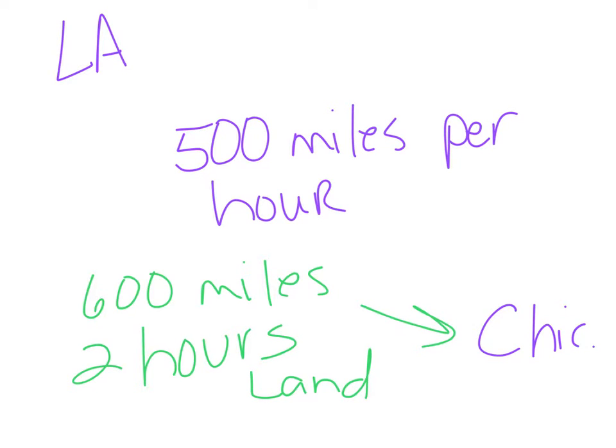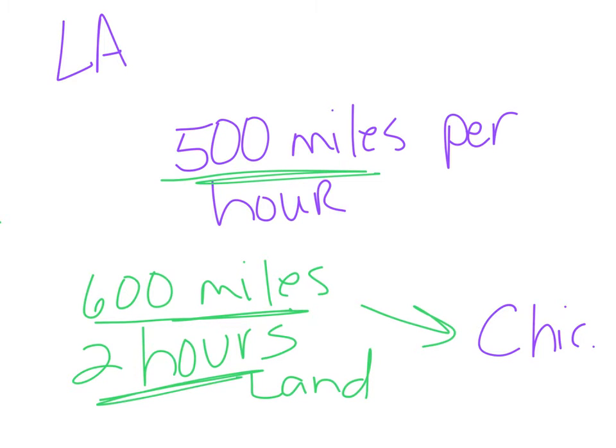So your question is, what speed would the jet have to fly to arrive in Chicago in 2 hours? We know 500 miles per hour, 600 miles away, and 2 hours until he can land.